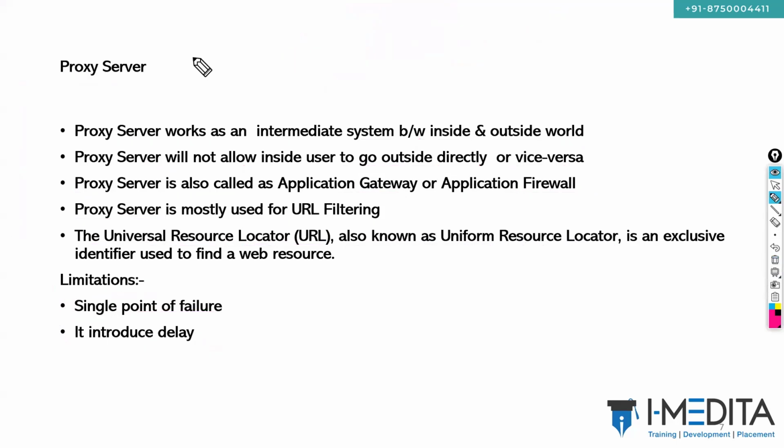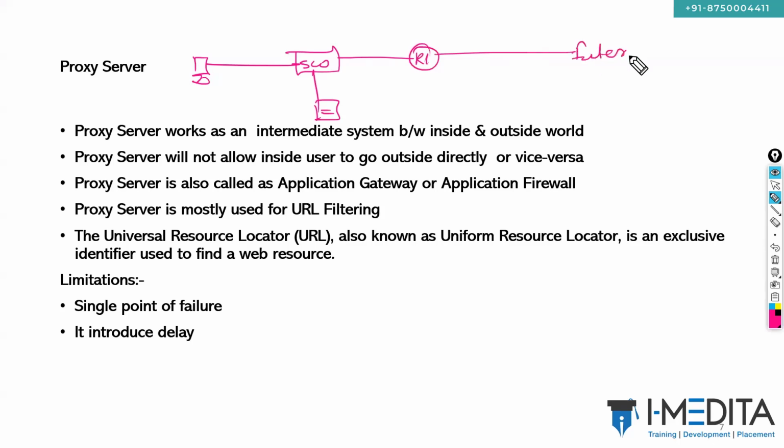For example, we have a PC connected with a switch. The switch is connected with the proxy server. The proxy server is connected with the router. The router is connected with the internet. If we have a scenario like this, then how can we minimize the delay?